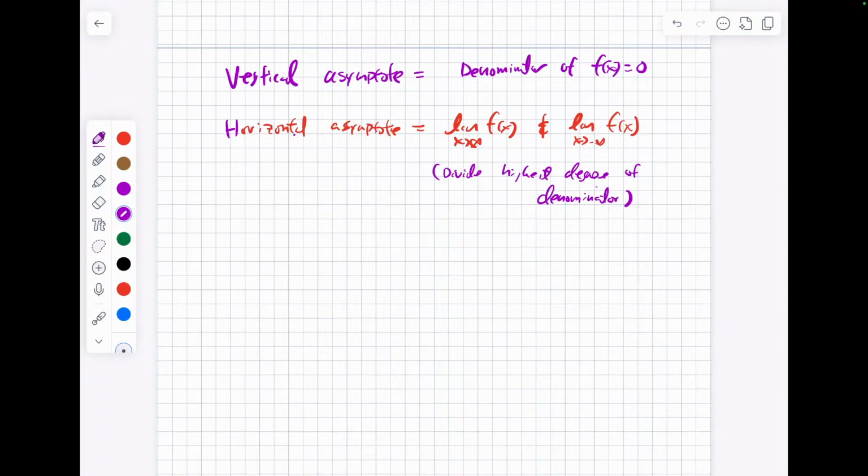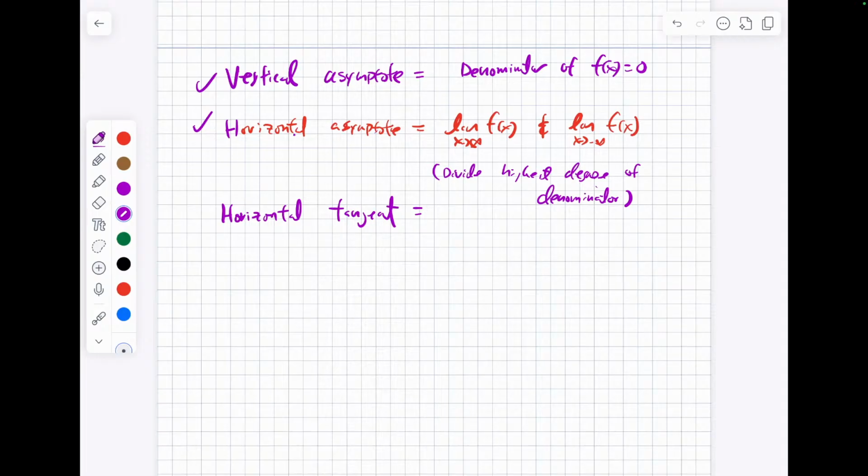Okay, so we know vertical asymptote and horizontal asymptote. We already did this. But today we would like to introduce tangent. So what is a horizontal tangent? Don't get confused, which is why I write down all the key things together. What do you think a horizontal tangent is?